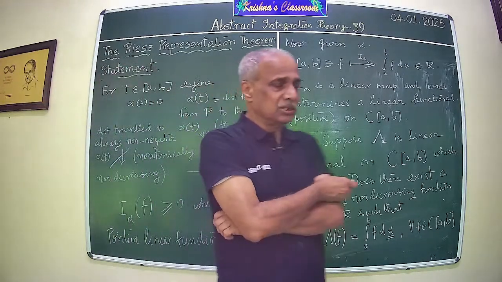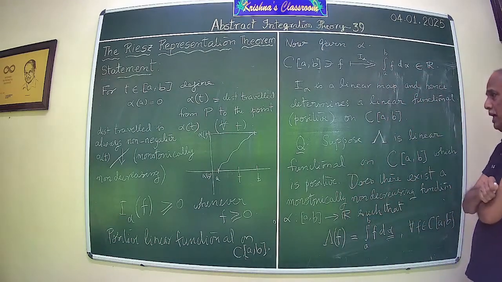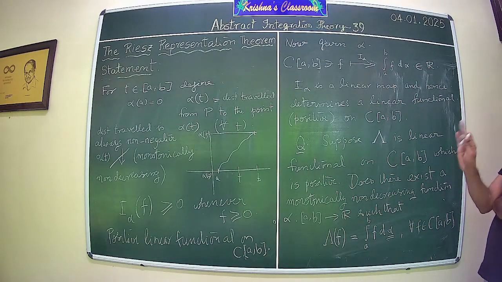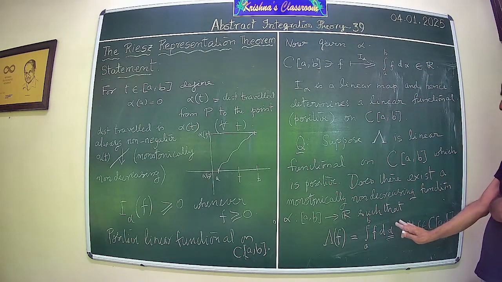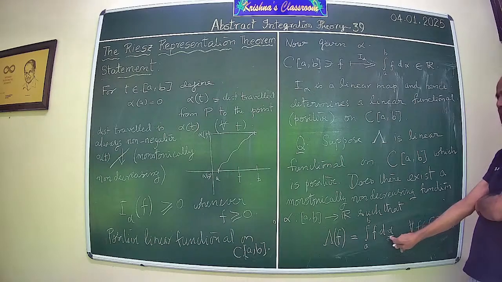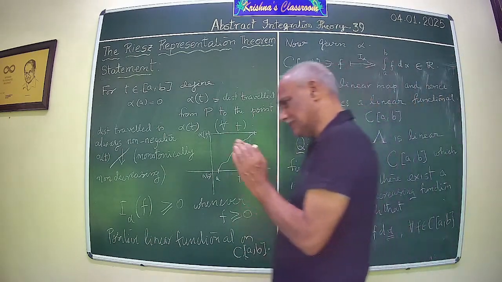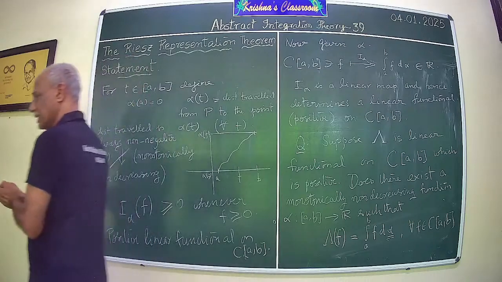We have successfully done that, and now we are in a position to ask the corresponding question with, instead of a monotonically increasing function, a measure. This is essentially defining a new measure on it. So we are going to ask the general question here.